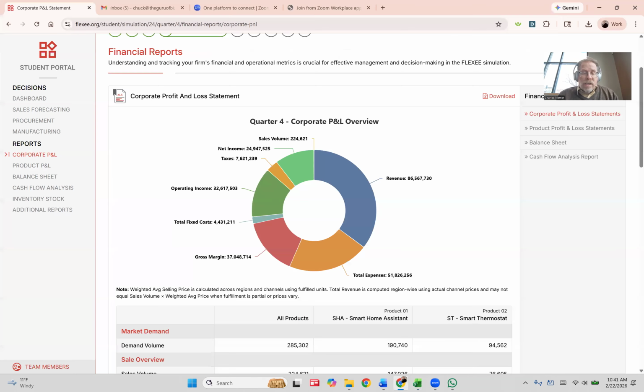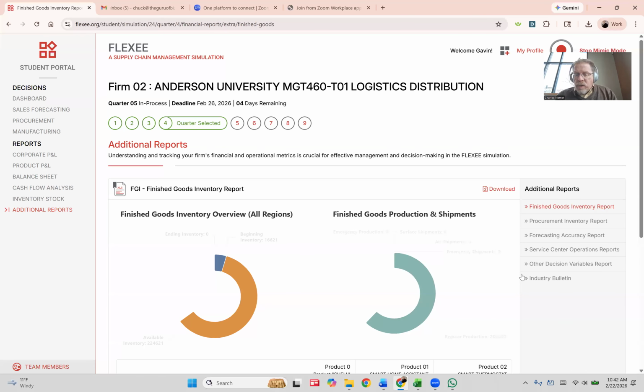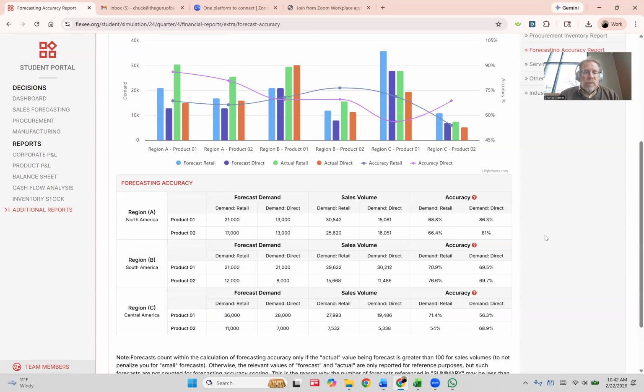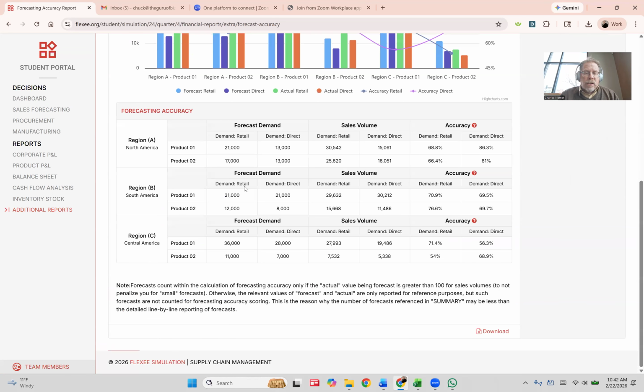So if we go back to the simulation in quarter four, let's go to additional reports, forecasting accuracy. You'll notice here's your forecast and here's your demand. Your actual demand exceeded your forecast, so you weren't able to ship as many orders.